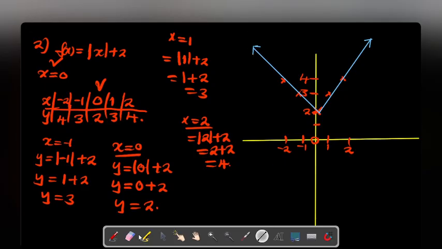Like I said, you make sure that you indicate the vertex. So our vertex is at the point 0, 2. So that's where we have our vertex. So this one becomes our graph. In a case where they ask you to find the domain, we can see there is no limitation.